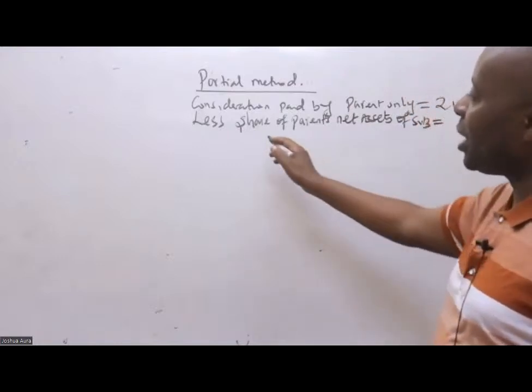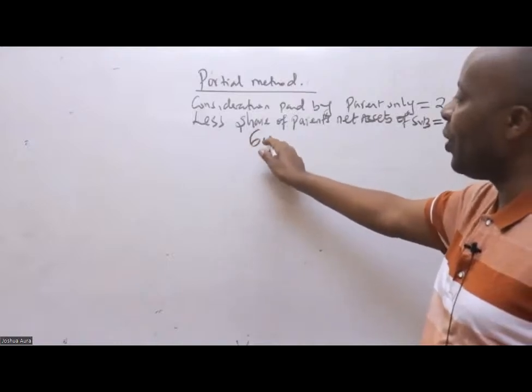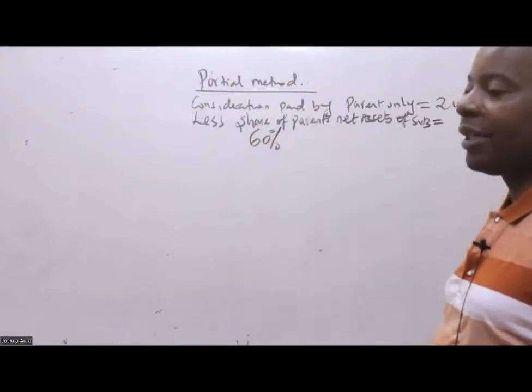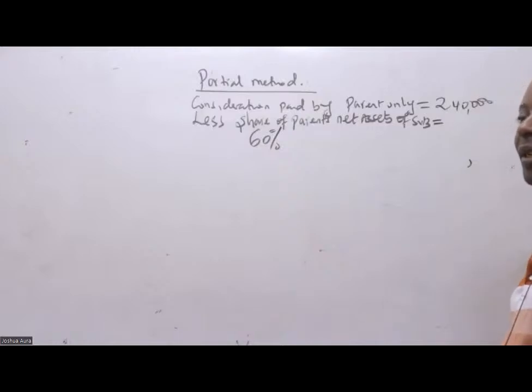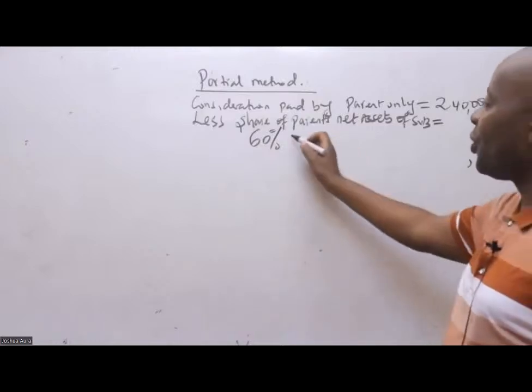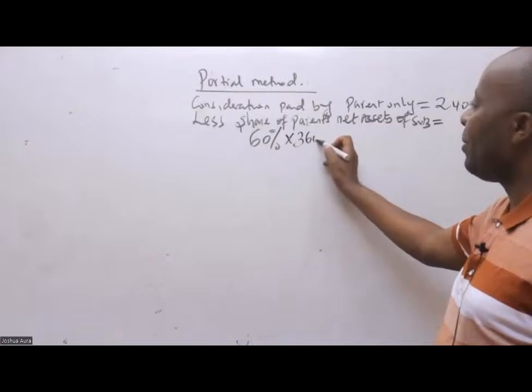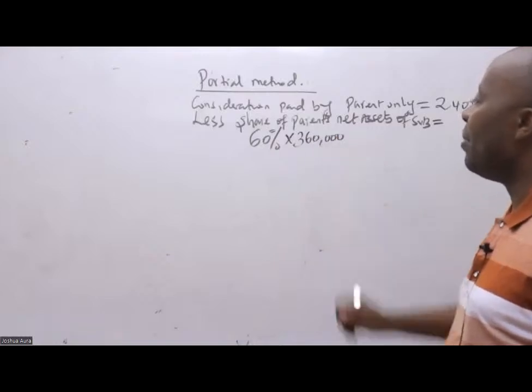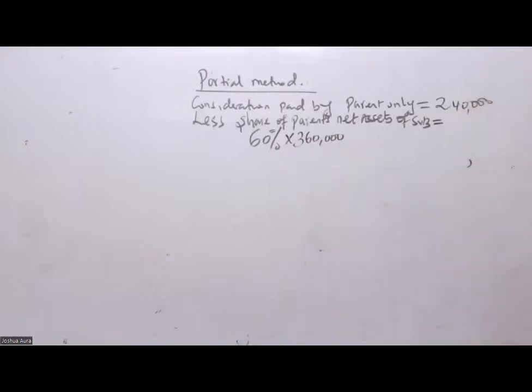Remember, the parent has got what percentage? The parent has 60%. So 60% of 360, the total net assets of the sub, which is 360,000.